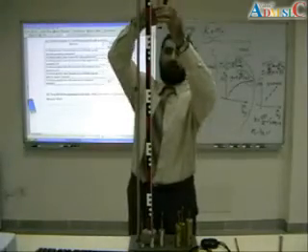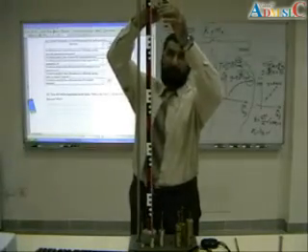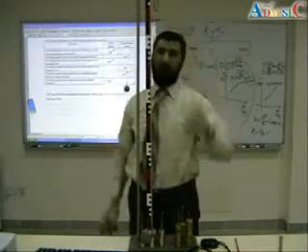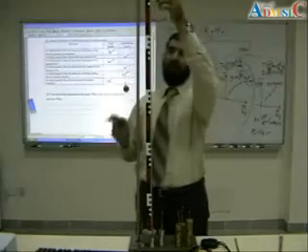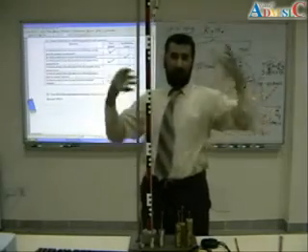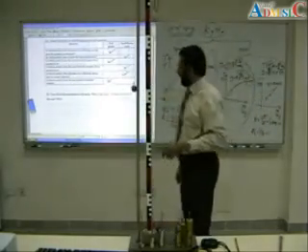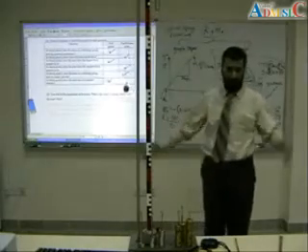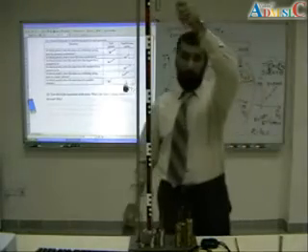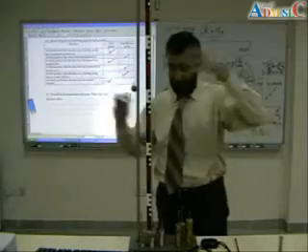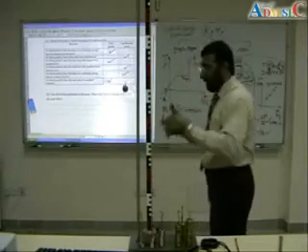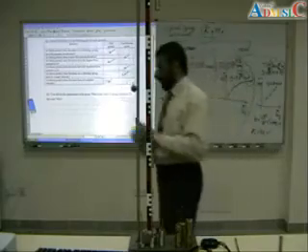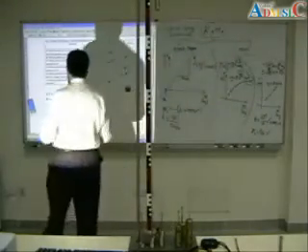Let's say if I cut the spring, I will change k. If I make the diameter of the spring larger, I will change k. And if I change the temperature, I will change k, because I am changing the material itself, or the property of the spring.